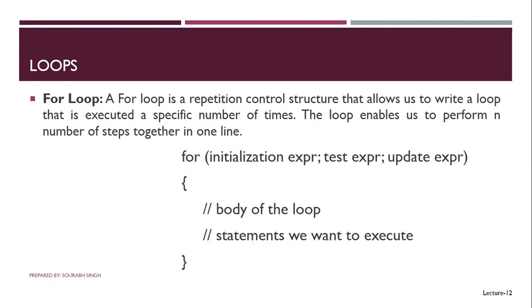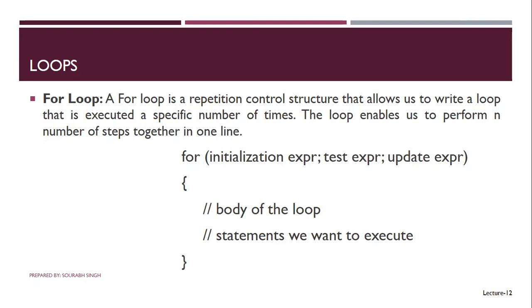In the syntax of for loop, first is the initialization expression. For example, we initialize int i = 0. The other one is the test expression. When we know the number of times to repeat a loop, we mention this condition in the test expression.